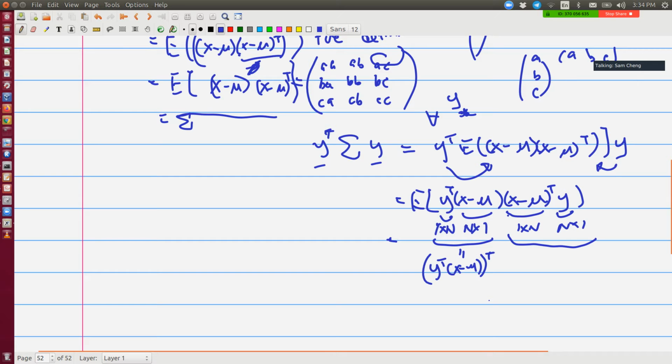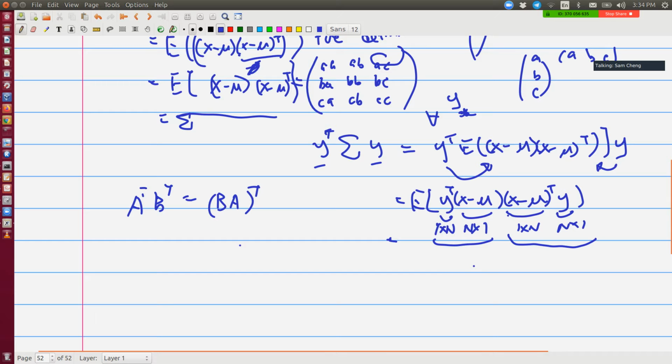Why transpose? Because it's just a number. And actually, maybe I don't even need that, because I can also write it like this. If I look at the transpose, (AB) transpose is equal to B transpose A transpose.